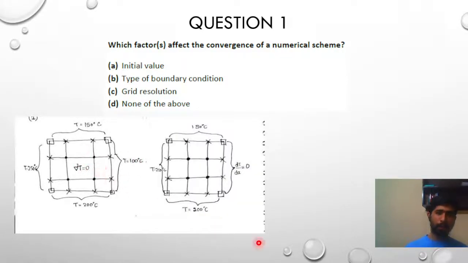Whereas if you go with a different boundary condition, say the right boundary is insulated, so you have dT by dx equal to 0, the temperature at this boundary also changes with respect to the iterations.